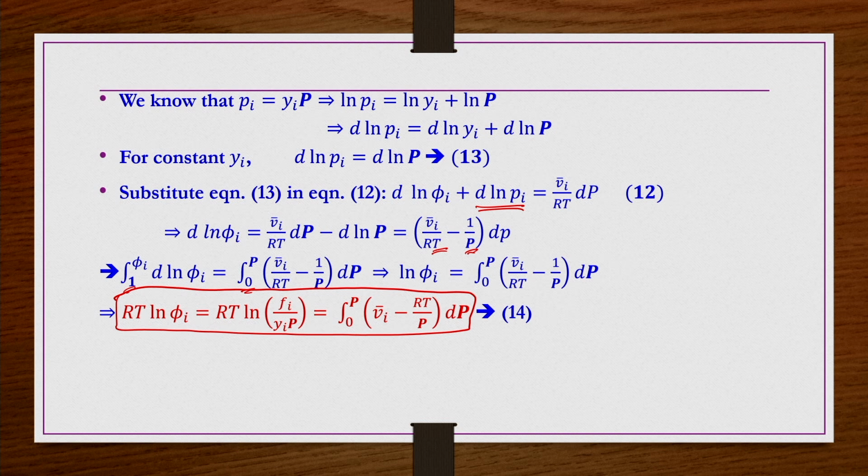If you wanted to know the fugacity coefficient of any component i in the system, the only thing you need to know is Vi bar, and at what temperature and pressure you wanted to calculate this phi. So, this equation is going to be very much essential, and you are expected to remember this equation during the entire course of this advanced thermodynamics course for the entire semester.